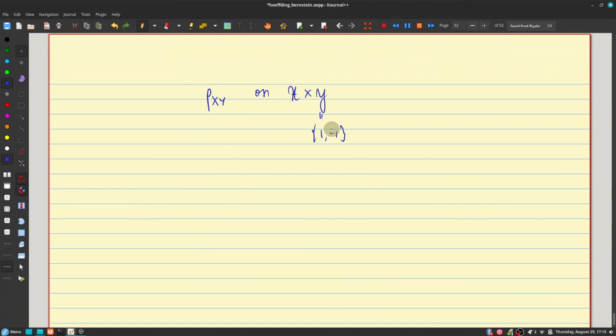And we don't know what P_XY is, but what we assume is that at any point in time we are presented a random sample that is drawn according to P_XY.